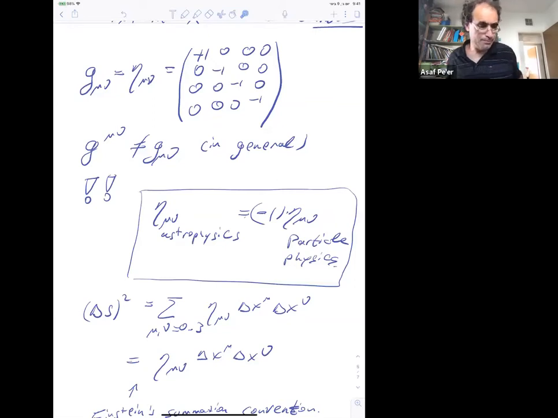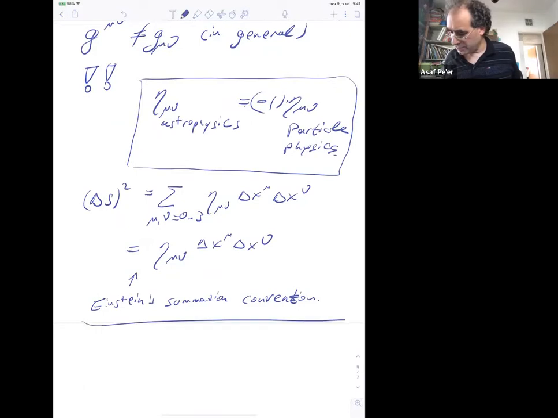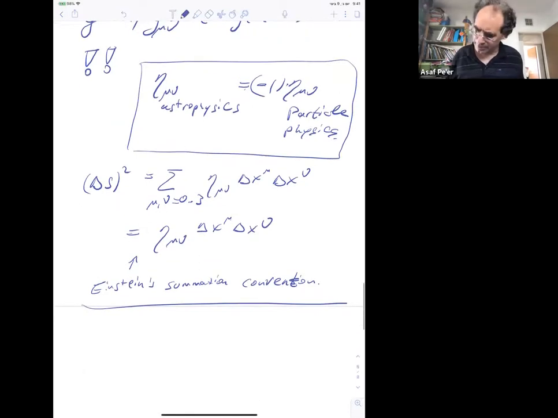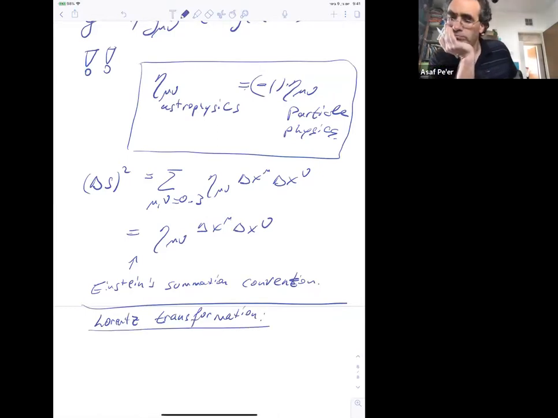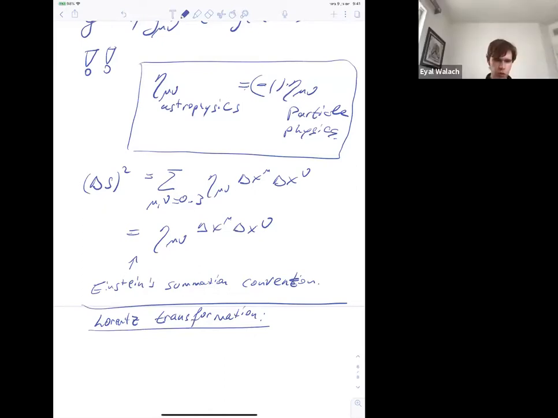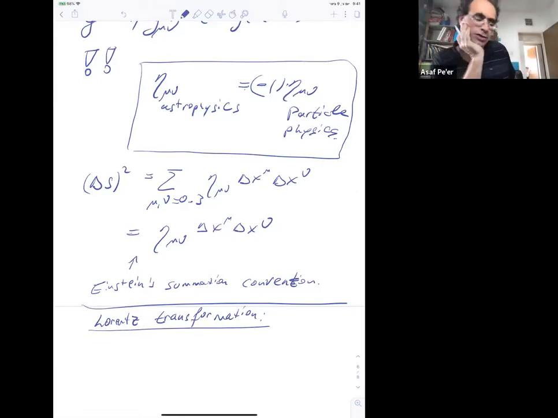Now that we've done that, we are at the stage where we can define the Lorentz transformation. So what is the Lorentz transformation? It's the way we switch from x to x prime. Basically it's a transformation from one coordinate system to another.